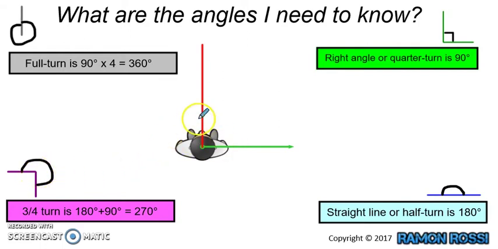This is not the same as how he had done it. He had started facing straight up, hadn't he? This person here is maybe facing this way, but they've still done a 3/4 turn because there's a quarter missing. And we know that's the same as doing 90 plus another 90 plus another 90, which is 270. And then finally, a full turn is the same as doing 4 quarter turns, or 90 times 4, which is 360. We just worked that out.